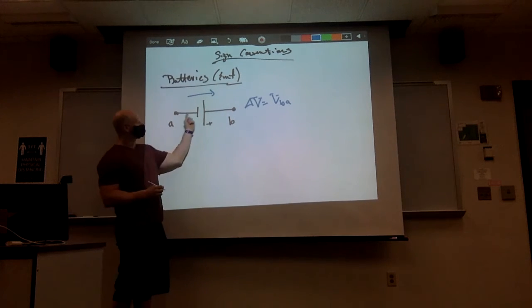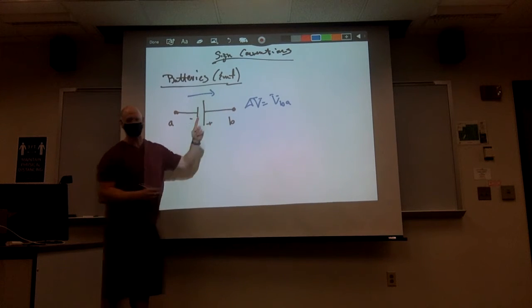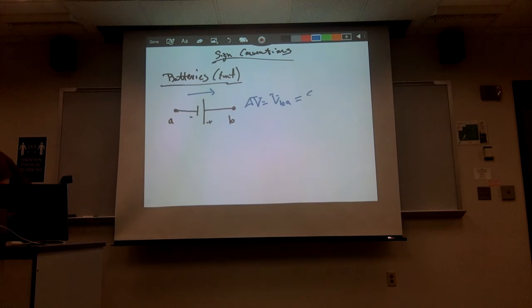Because in this case, I'm going across the battery from the negative terminal to the positive terminal, I have to increase potential, which means I'm going to increase the amount of potential by that of the battery. So the point of the battery is simply to add potential. So this is going to be a positive increase in potential.